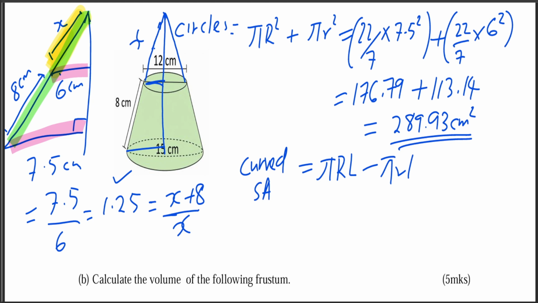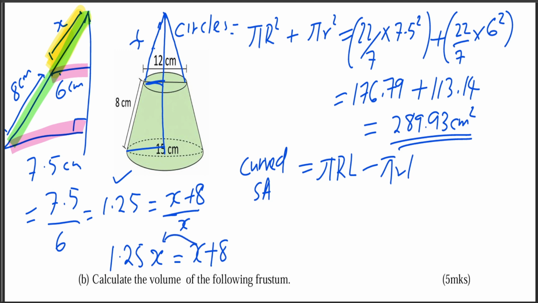Now cross multiply 1.25 times x, and it's going to give you 1.25x. So here 1.25x is equal to x plus 8. Remember, once you multiply by x, those x's will go, so you remain with that x plus 8 alone. So now collect the like terms.